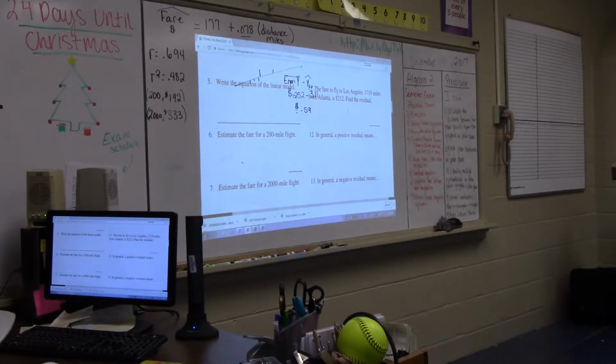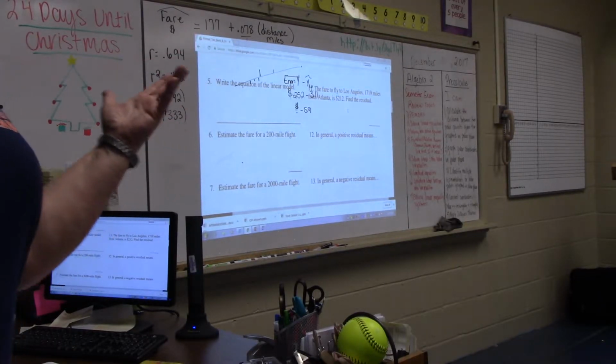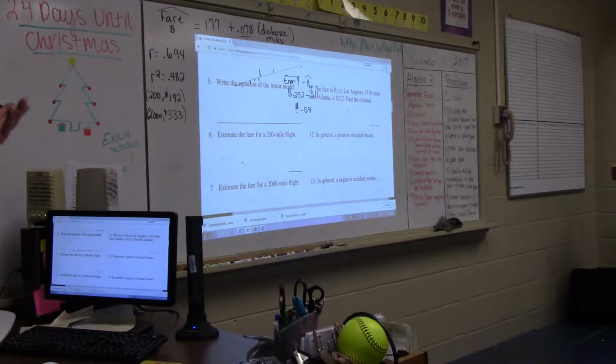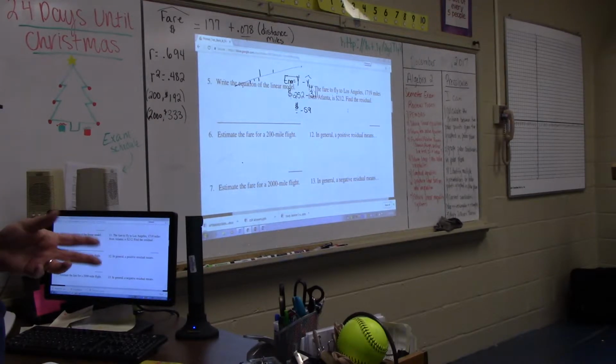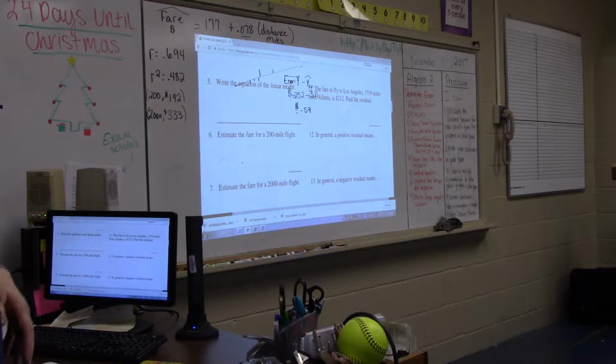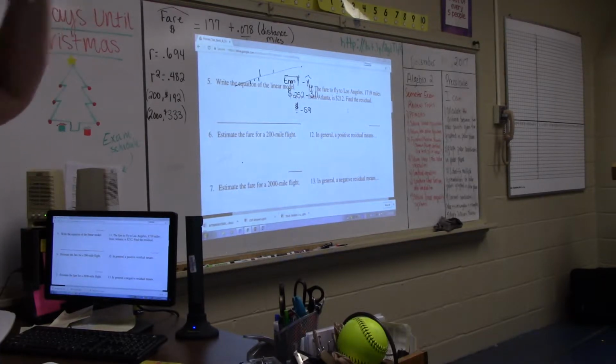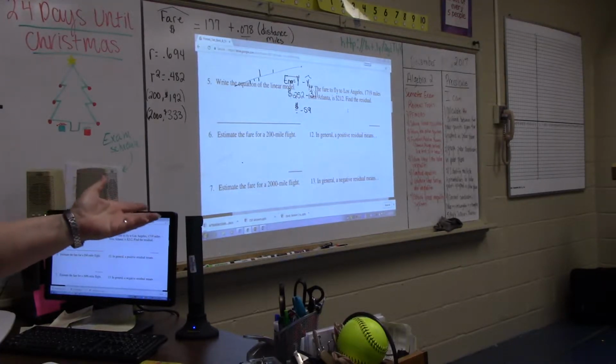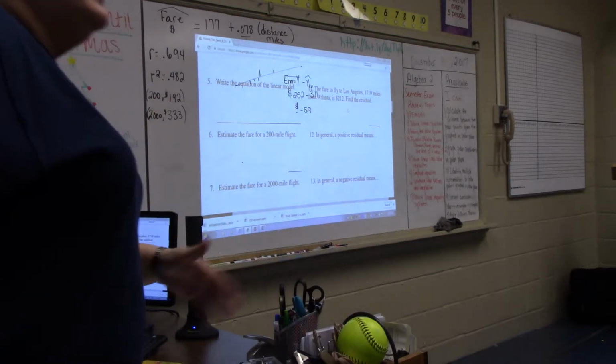It has to do with your residuals. You put them in the calculator, and what do you do with them? Right, you're looking to make sure there is no pattern in the residuals. You're looking to see good scatter or no pattern, whichever way you want to look at it, because that's what you want.